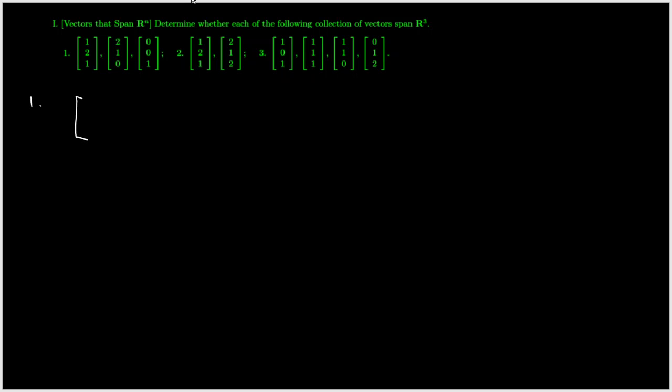To use the method, we form a matrix with all the components of the given vectors in columns. The first column has the components of the first vector, which is 1, 2, 1. The second column has 2, 1, 0. The third column has 0, 0, 1.